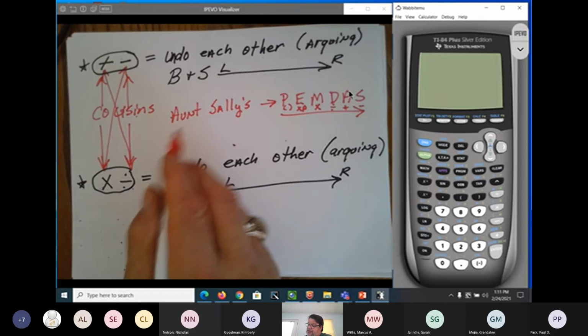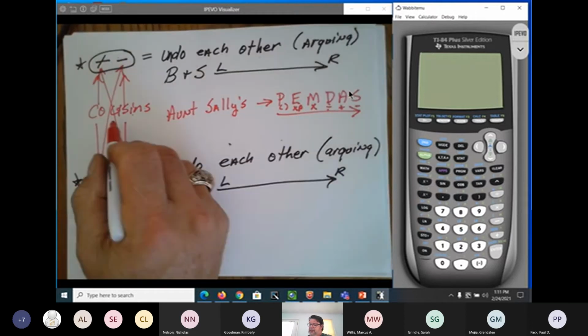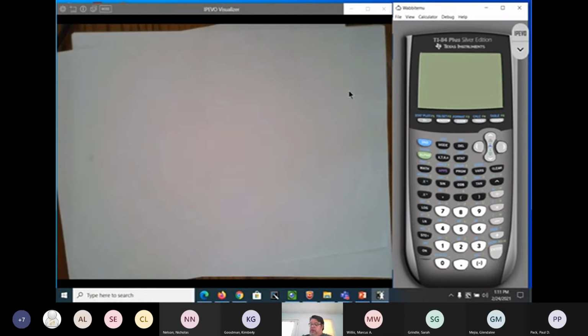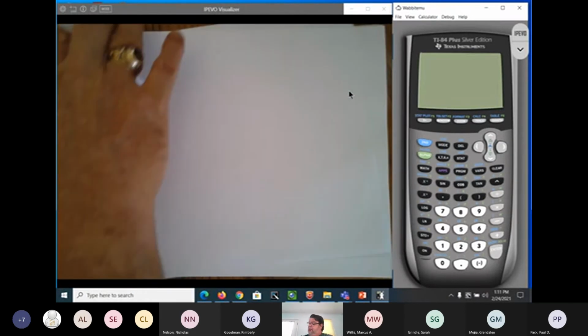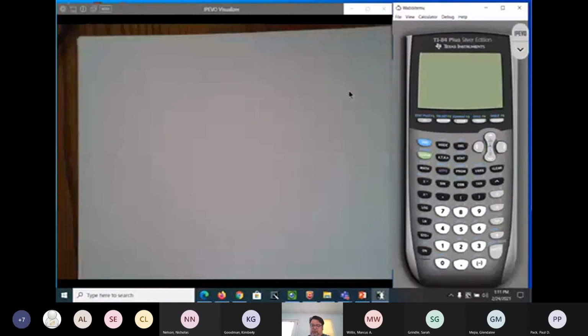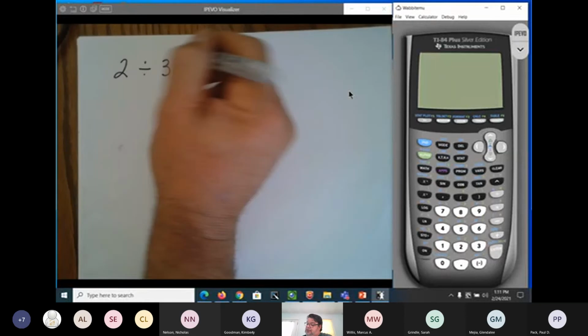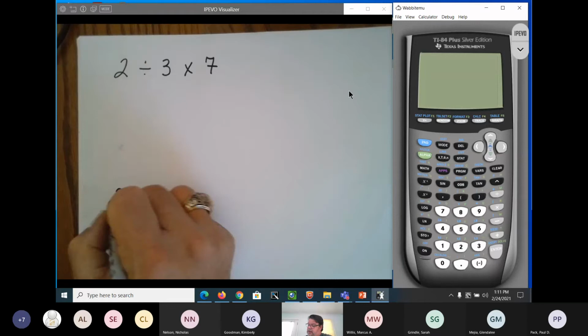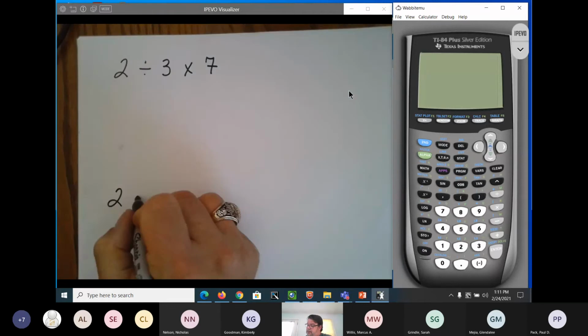PEMDAS is when you have cousins. So let's do an example. Here's an example of brother and sister. I'm going to write two things down. I'm going to write 2 divided by 3 times 7. 2 divided by 3 times 7.